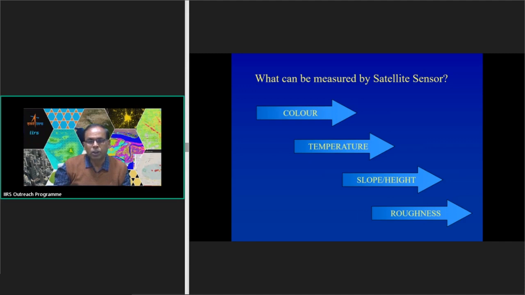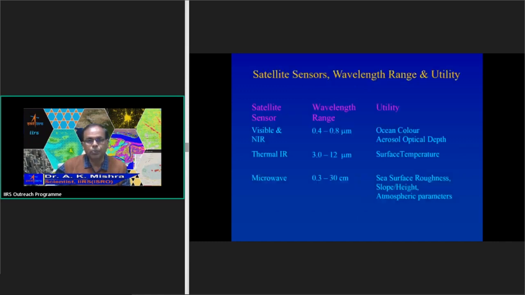Later on, those things are utilized to find the ocean current, etc. And roughness indirectly tells you about the wind speed over the ocean. All these sensors we will discuss, and their applications one after another.